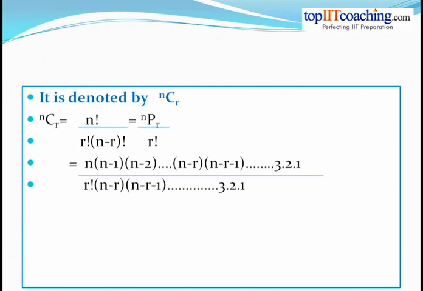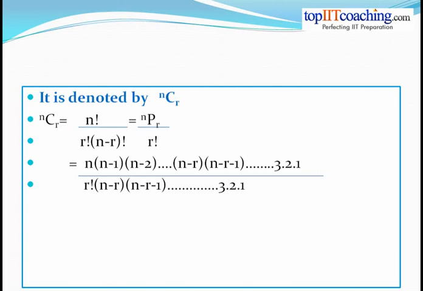Now n factorial is equal to n into n minus 1 into n minus 2 up to n minus r into n minus r minus 1 up to 3 into 2 into 1, and this when divided by r factorial into, when we expand n minus r factorial we get n minus r into n minus r minus 1 up to 3 into 2 into 1.